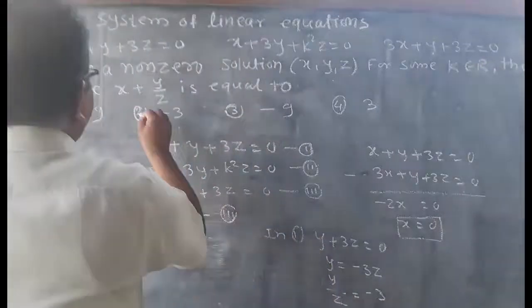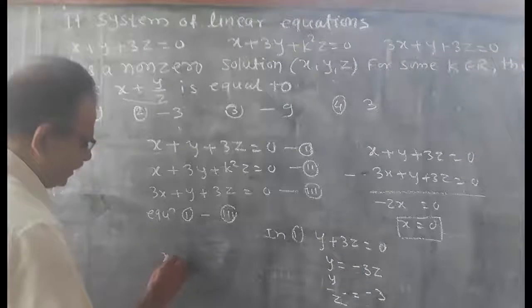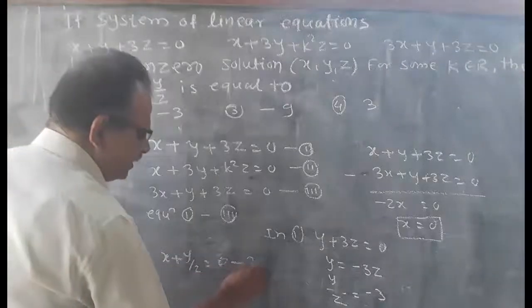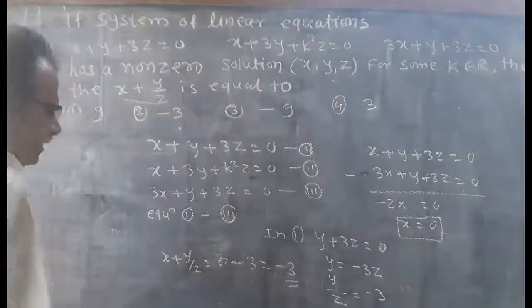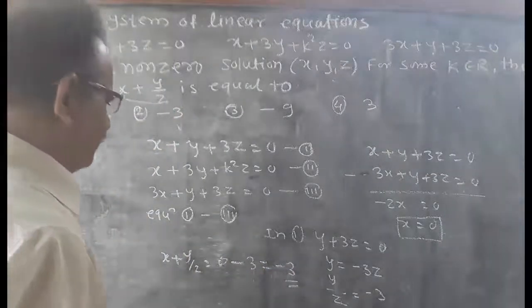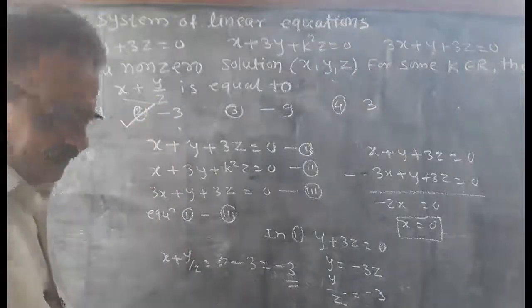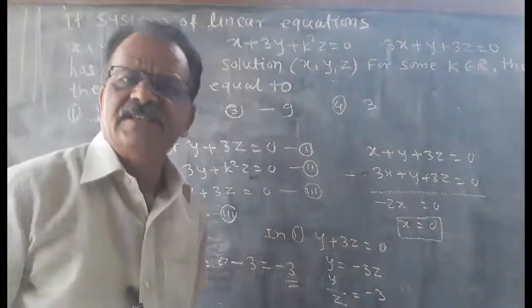Now we have to find the value of (x plus y) by z. Therefore (x plus y) by z equal to 0 minus 3 equal to minus 3. Therefore (x plus y) by z is minus 3 and hence correct option is 2. Second option, (x plus y) by z equal to minus 3 is the correct option.